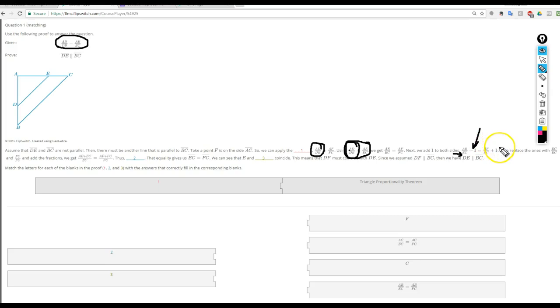So then on the right side of the equality, since the denominator in this ratio is FC, they used FC divided by FC to replace this one right here so that they could add those fractions together. Thus, blank. That equality gives us that segment EC equals segment FC.